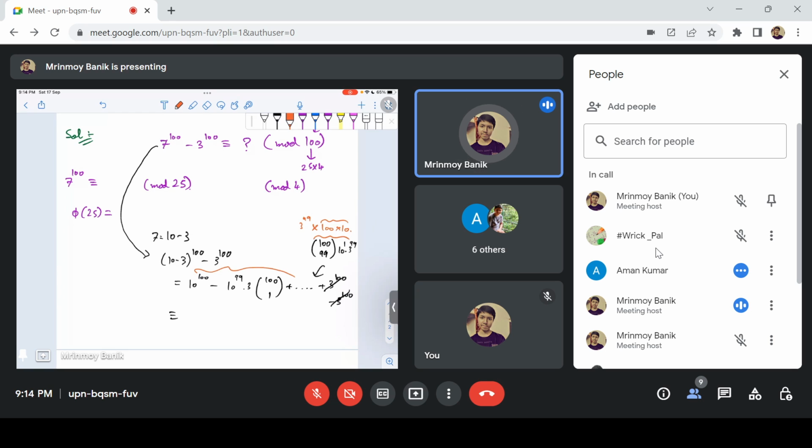And similarly, all the rest of the terms have 100 as their factor. So the last two digits are going to be zeros, right? So it would be congruent to 0 mod 100. So we can directly infer from here that the last two digits are 0, 0.